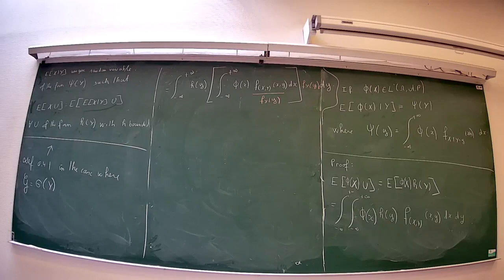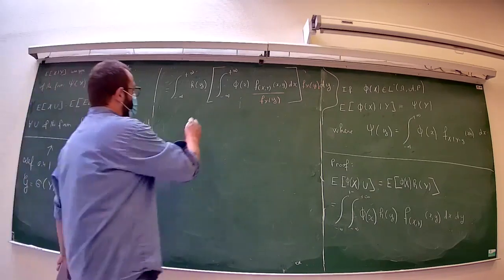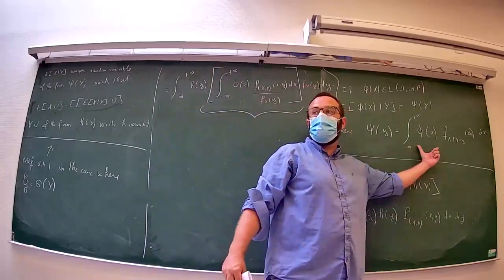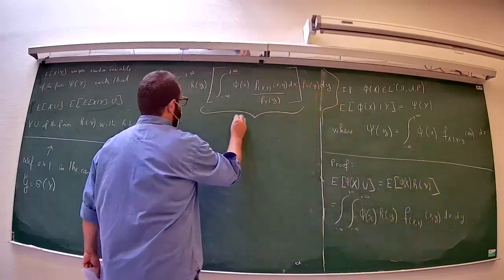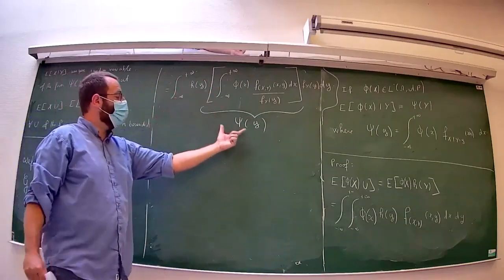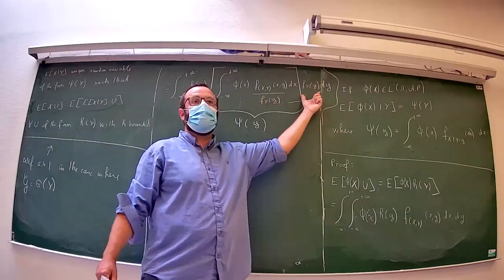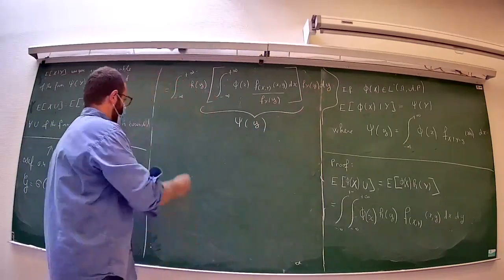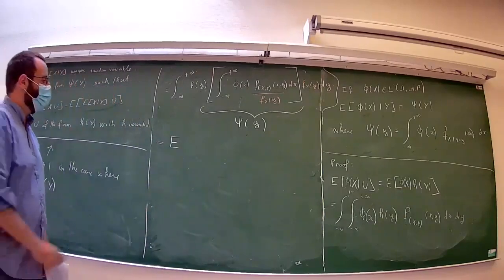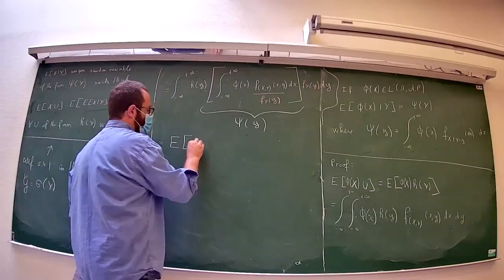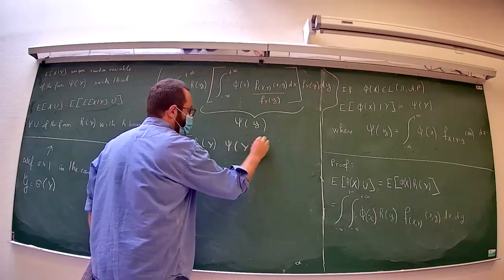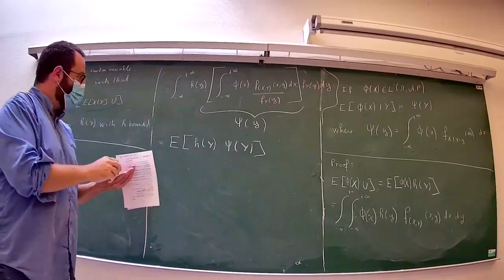If I do this, what I obtain is exactly what I have defined as psi of y. So it's an integral of h of y times psi of y multiplied by the density function of y dy, and I can express it as an expectation, that is just the expectation of h of y psi of y.